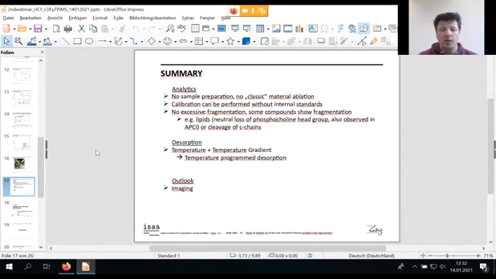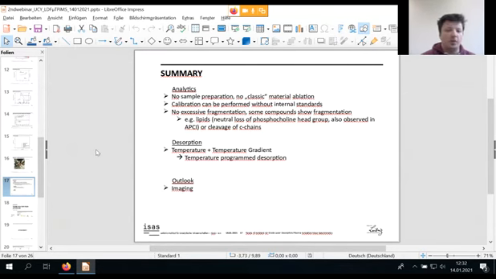As a summary, so far I've found out that the sandwich structure is really a key element in terms of desorption, and the desorption is controlled not only by surface temperature but also by the gradient. This allows us to detect different standards, some without internal standards, and even perform calibration, for instance on cholesterol.